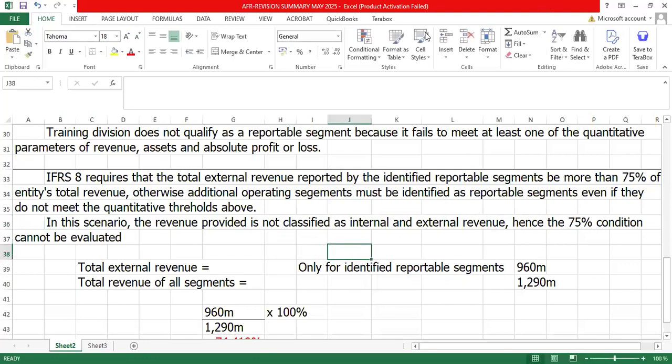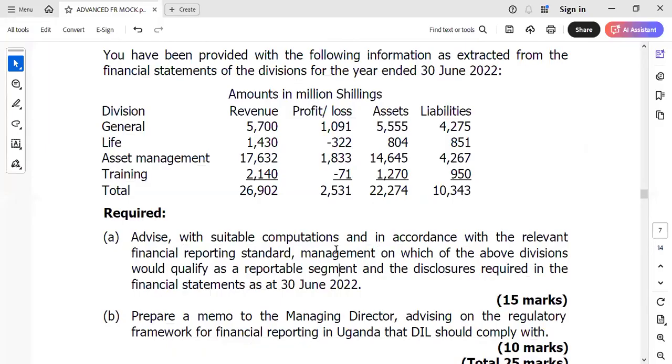Remember, we are still on this question. Next part of the question. Now you have advised the management on which of the above divisions would qualify as reportable segments. They are telling you to go ahead and state the disclosures required in the financial statements.